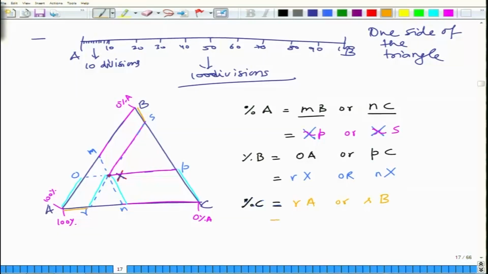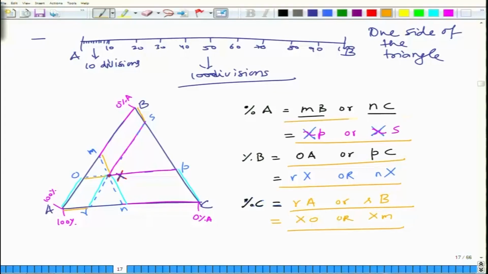These are equal to XO or XM. These are the positions, the intersections or line lengths, which give you the composition of A, B and C for a given alloy.